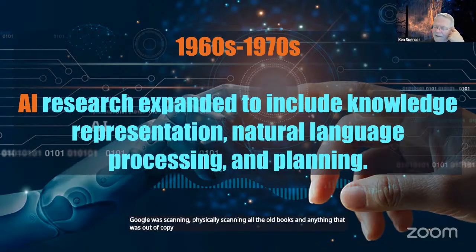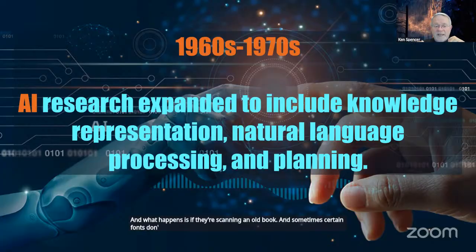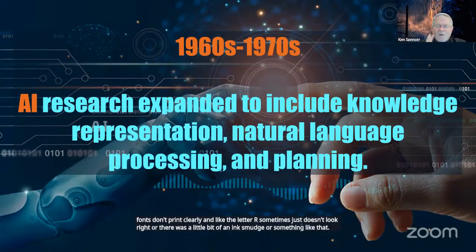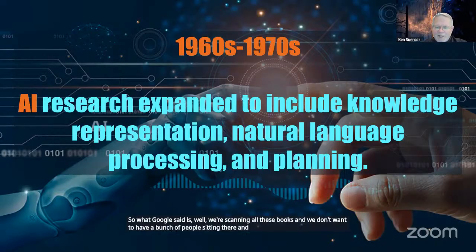And what happens is, if they're scanning an old book, sometimes certain fonts don't print clearly, and the letter R sometimes just doesn't look right, or there was a little bit of an ink smudge. So Google said, well, we're scanning all these books, and we don't want a bunch of people sitting there trying to determine if that's an A or an R or another letter.